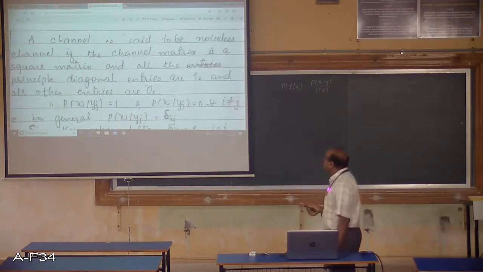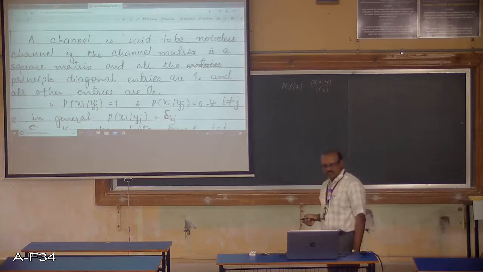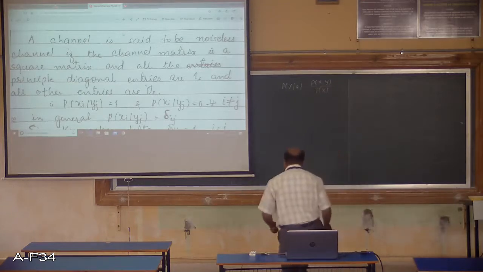A channel is said to be noiseless if the channel matrix is a square matrix, all the principal diagonal entries are 1, and all remaining entries are 0. This is a noiseless channel.